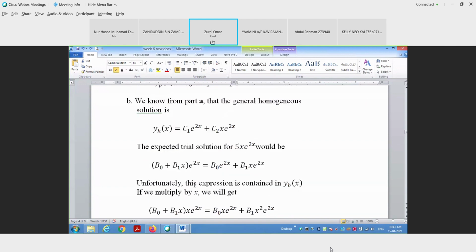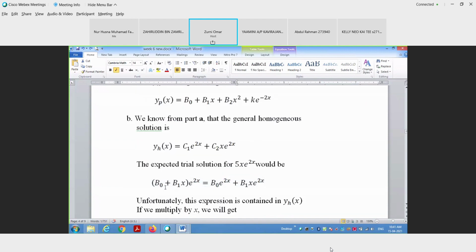So this will be our initial trial solution, Rahman. So kenapa I expand? Sebab senang nak tengok terms. So I expand this. We will get b0 e to x plus b1x e to x. Are you with me, Rahman? Okay, sir. Yes. And then Rahman, you need to compare b0 e to x dengan each term, setiap terms dalam YH.